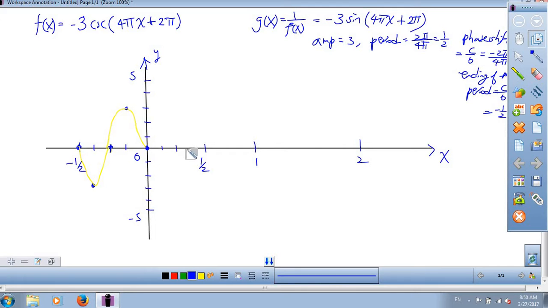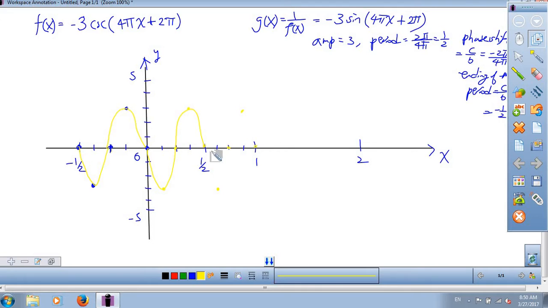So we're going to cut this into a quarter, 3/4. The pattern continues for sine. This will go down to negative 3, come back up, go up, and come back down. So minimum, midline here, and the pattern will continue.